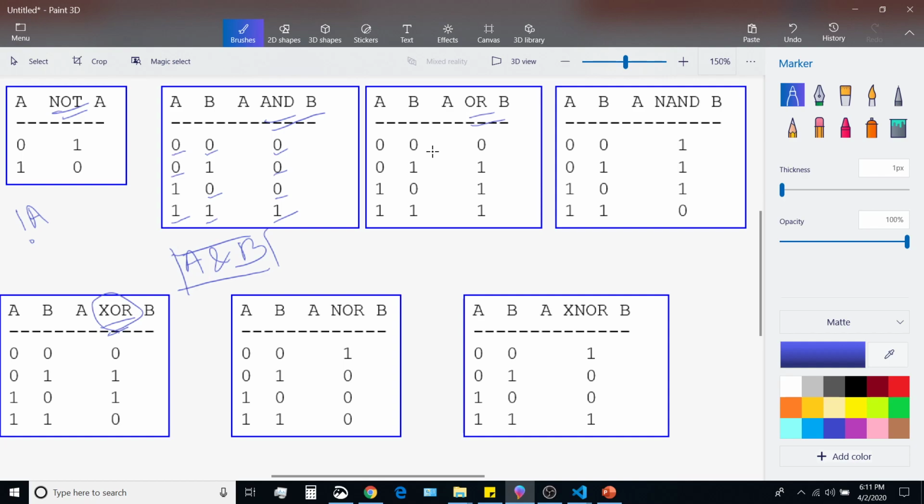For OR, if there is at least one, its answer is going to be 1. Otherwise, it's going to be 0, like this one. This is how you write it in C. So this is basically the bar. The bar basically means OR, okay? And XOR, which is this, the caret sign.